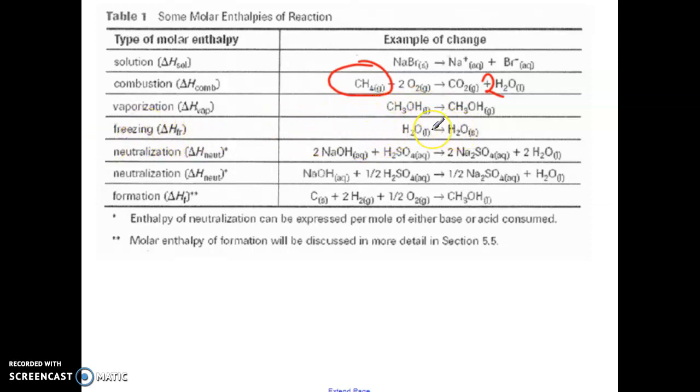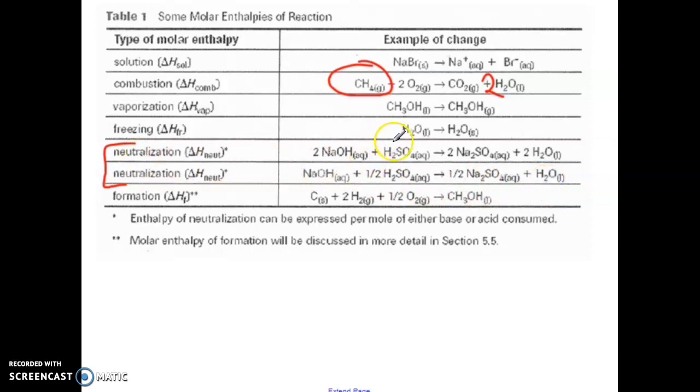Freezing, right? You have 1 mole of water that's freezing. Now, this is an interesting point. Look at this neutralization reaction. These are both the same neutralization reaction. We have sodium hydroxide reacting with sulfuric acid, making sodium sulfate and then water. But the way that it's balanced depends on what the molar enthalpy is representing.